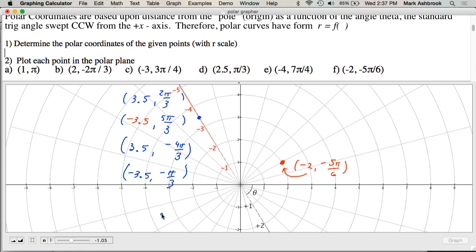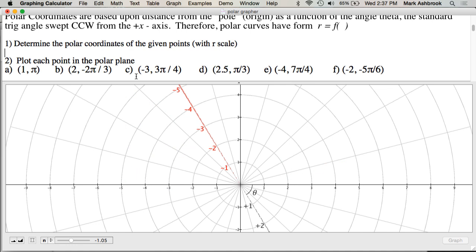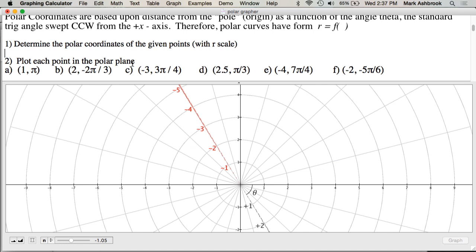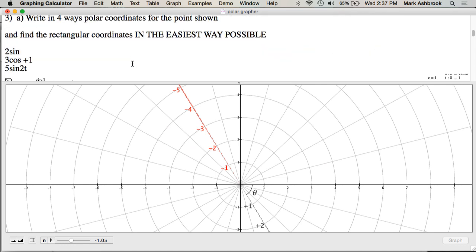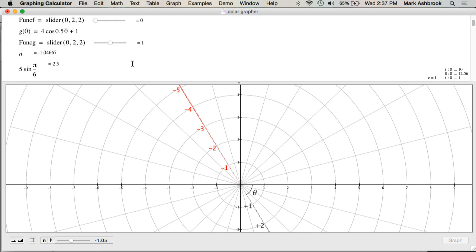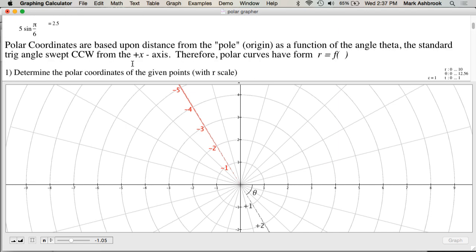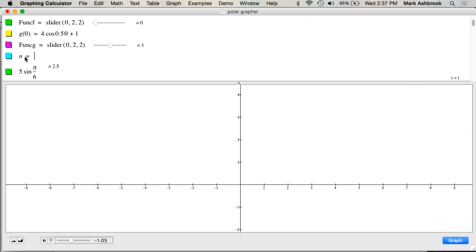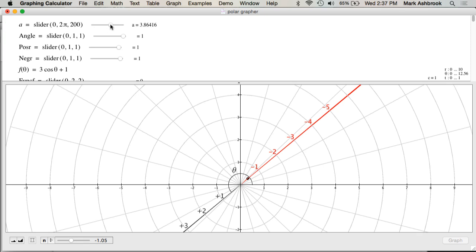Okay, so what about if we think about how the Cartesian coordinates and polar coordinates relate to one another? Let's go back to the first quadrant here.